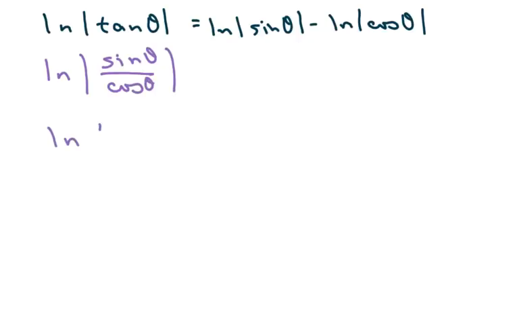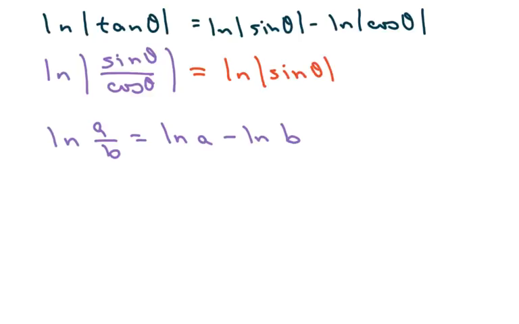For example, ln of a over b is the same as ln of a minus ln of b. You're just expanding. This is called the quotient property. And so when I do expand this, I'm going to do the same thing. So that's ln of sine of theta minus ln of cosine of theta. And it's just using your quotient property.